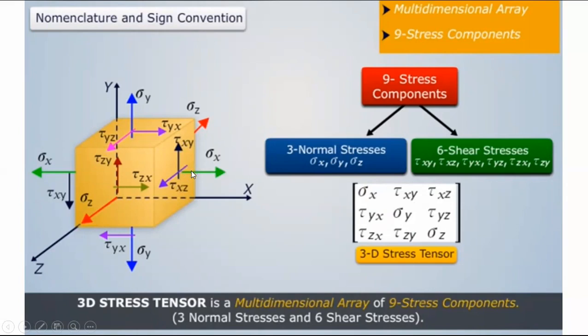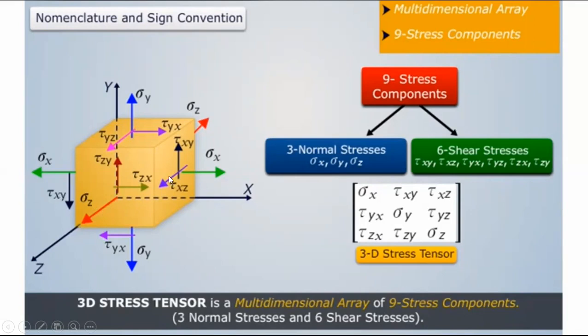Then what this sigma x, tau xy indicates, we will look here. Here you can see there are 9 components total in each direction, x, y, and z, red line. There are normal stresses.